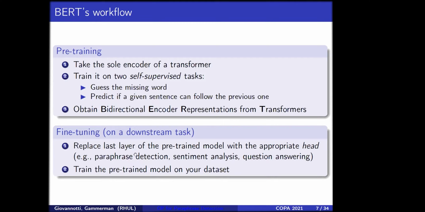So one for paraphrase detection, one for sentiment analysis, and so on. While with BERT, you can just use the pre-trained model, replace the last layer, and then retrain it on the dataset of your choice, and you would get pretty good results. So it was definitely a step forward in terms of portability of models.